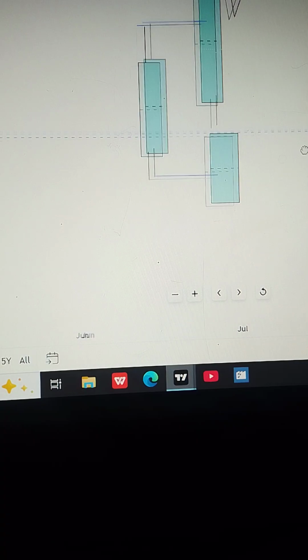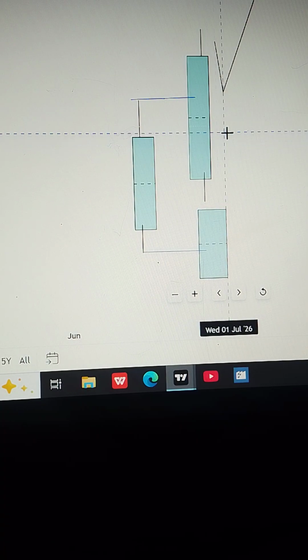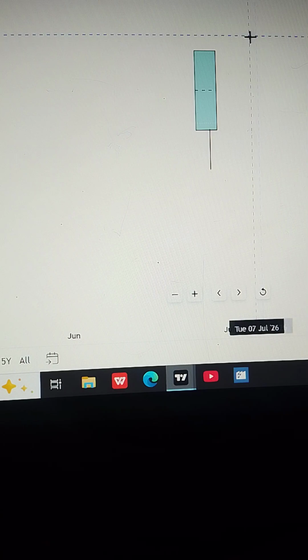If it is a reversal, you have this candlestick, that candlestick, and another one.